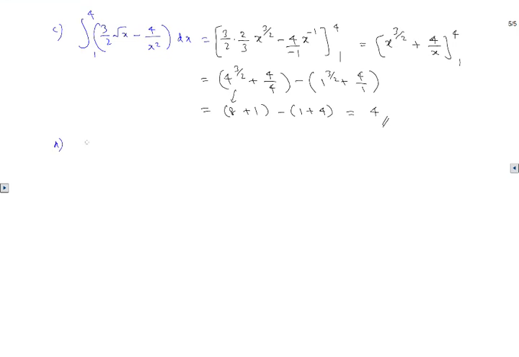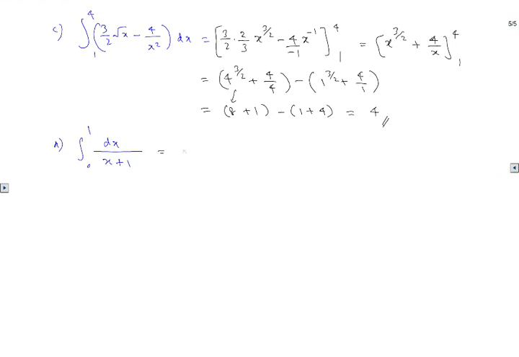Another one: the integral from 0 to 1 of dx over x plus 1. What is the antiderivative of 1 over x plus 1?